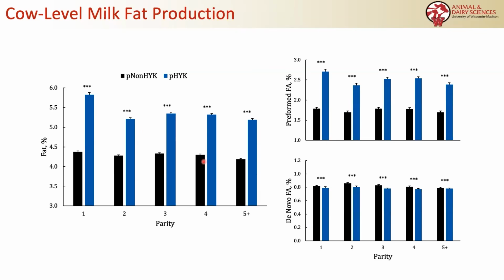With recent advances in technology, we can now characterize that fat within the milk analysis. And so what I have here is preformed fatty acids. So these would be fatty acids in the milk that are coming from mobilized fat, primarily in the postpartum period, although they can also come from the rumen from diet. And we see that that's the fraction of milk fat that's increased.